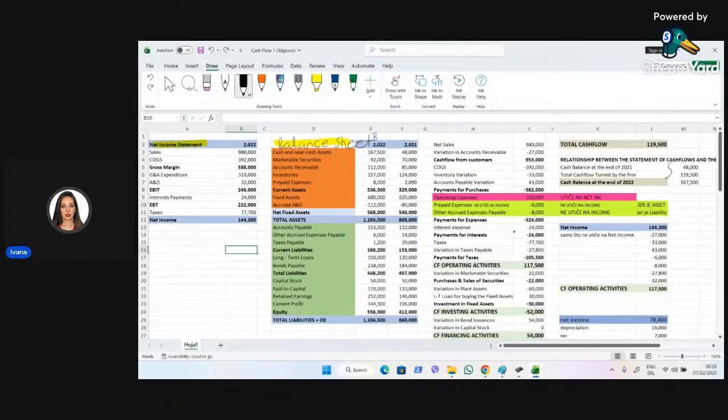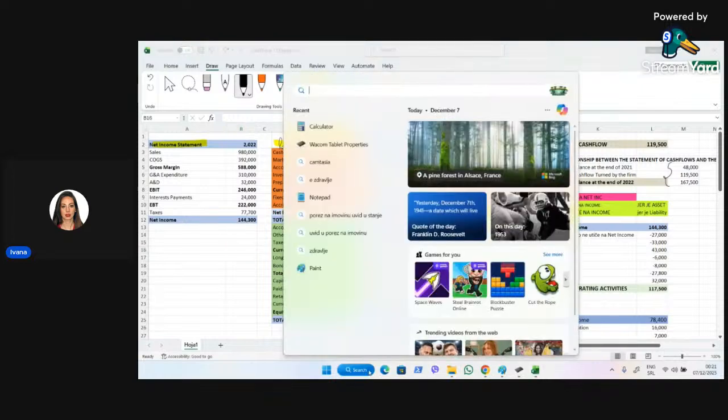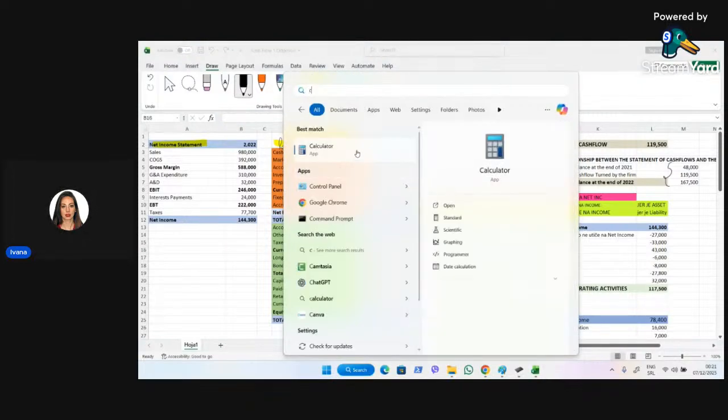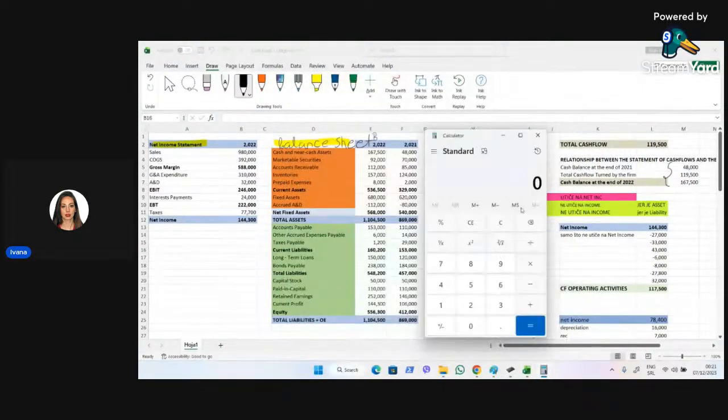So you will get, let me have a check. Where is my calculator? Okay, so we have 48 at the beginning plus 111,500 and it's 167,500.